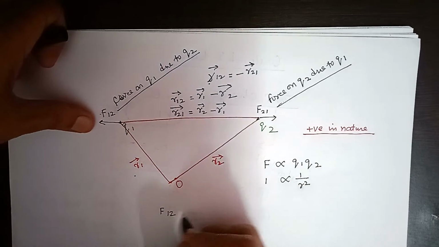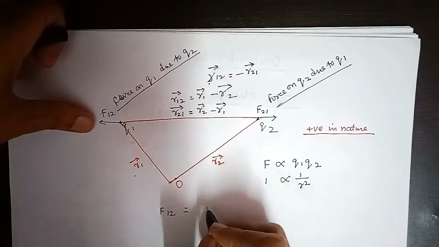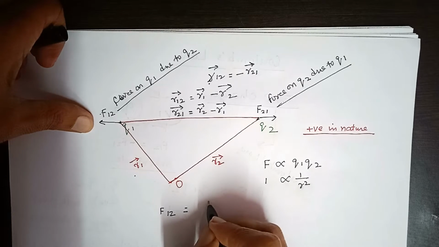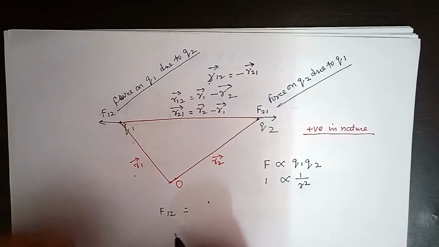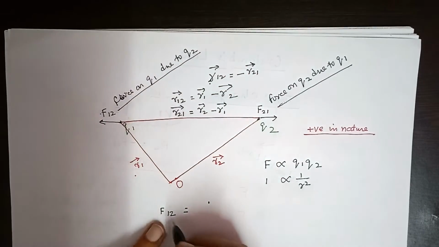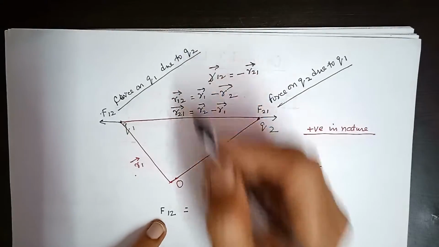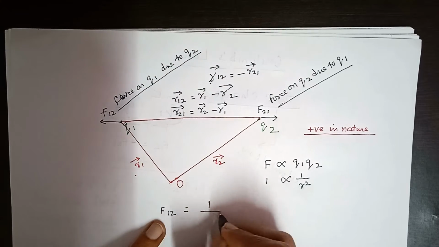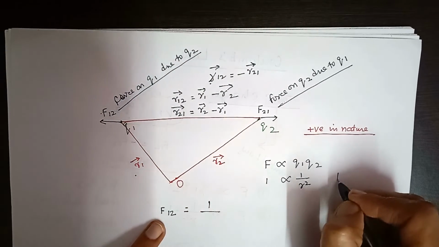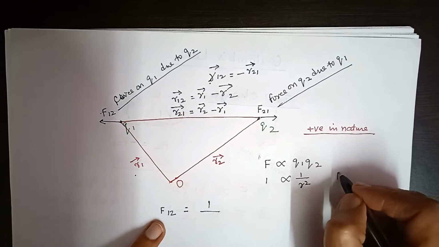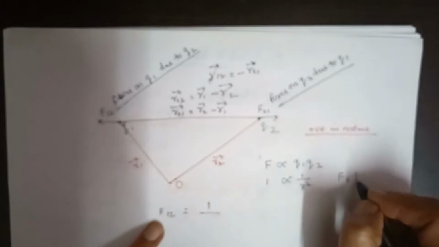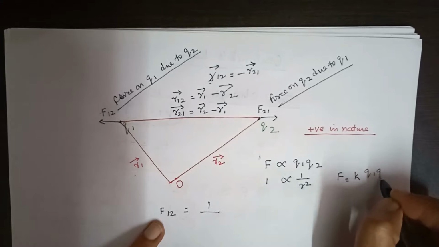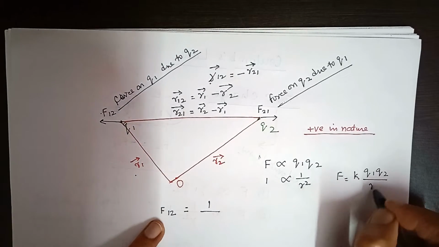F12 is the force on charge Q1 due to Q2, and this will be equal to F equals K Q1 Q2 divided by R square.